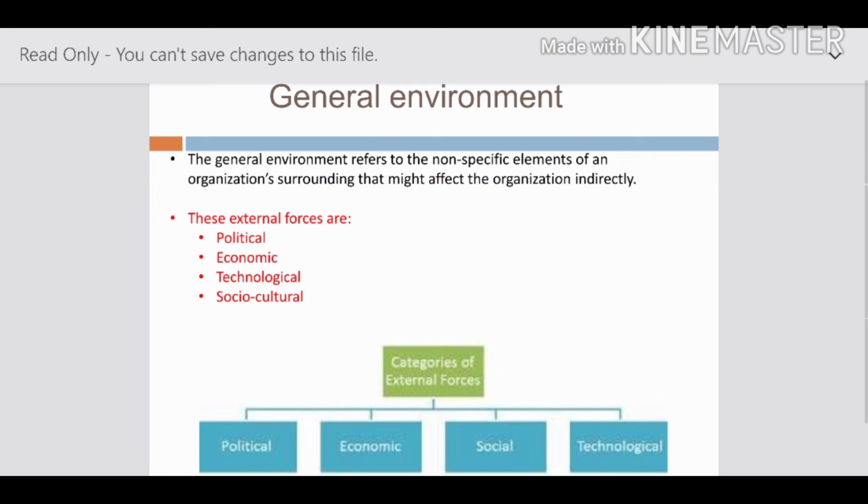And the socio-cultural we already discussed, and the economic position, as I told you, monetary policy. Monetary policy is where the monetary authority in every nation creates new rules to retain the value of the currency. And fiscal policy, as I told you, is all about government revenue, how they get revenue through various taxes, and what expenditures are made by the government.